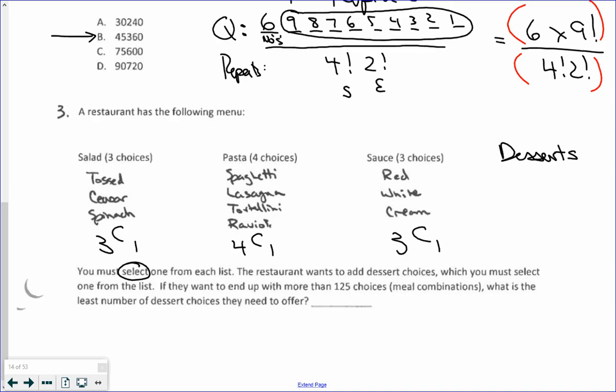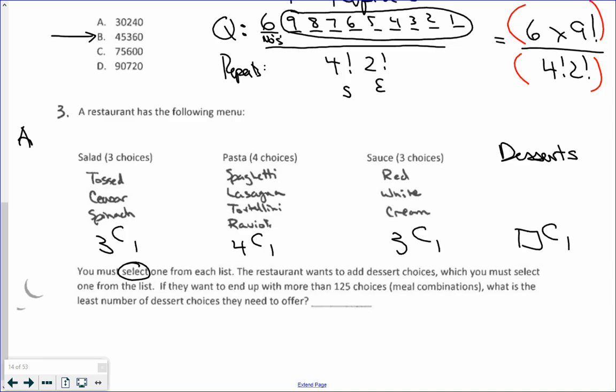Okay, so you want to add dessert, which you must select one from. So we don't know how many choices there are, but we want to select one. If they want to end up with more than 125 choices, so meal combinations, what is the least number of dessert choices that you can offer? Okay, do you remember us talking about and or, right? What does and mean?